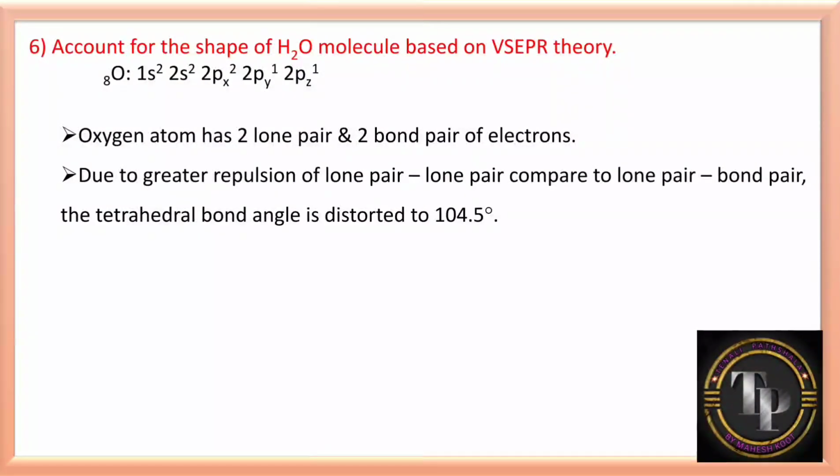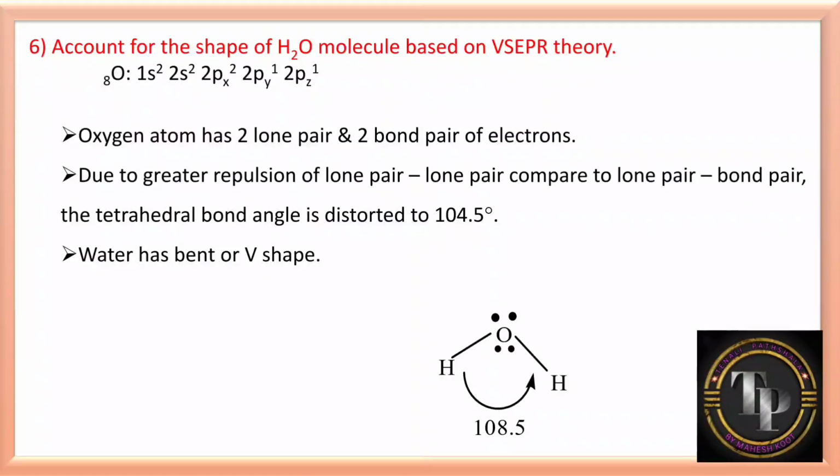Due to greater repulsion of lone pair compared to bond pair, the tetrahedral bond angle is distorted to 104.5 degrees. Actually, the tetrahedral bond angle is 109 degrees, but due to the presence of lone pair repulsion, it is slightly less than that, and the bond angle is 104.5 degrees. Water has a bent or V shape. See, this is the structure of water, 104.5, nearly equal, which is less than the actual tetrahedral angle.